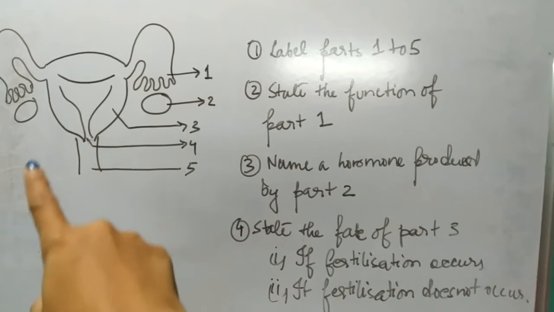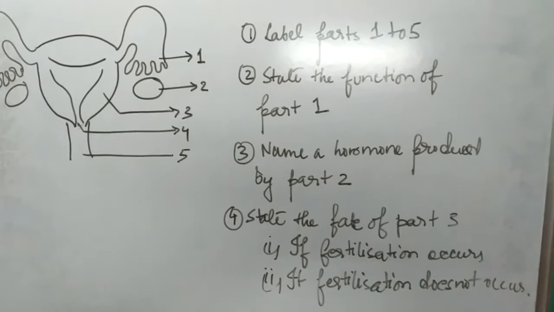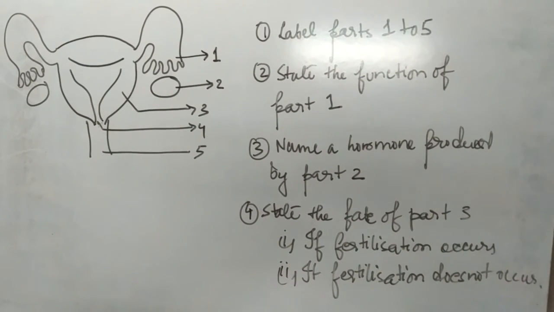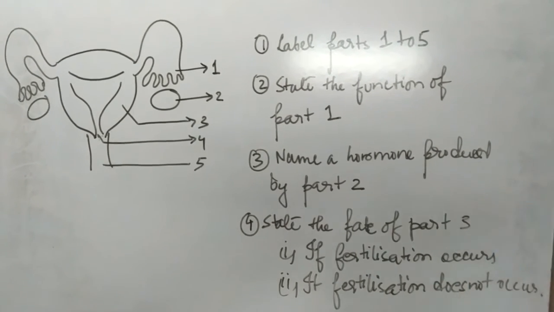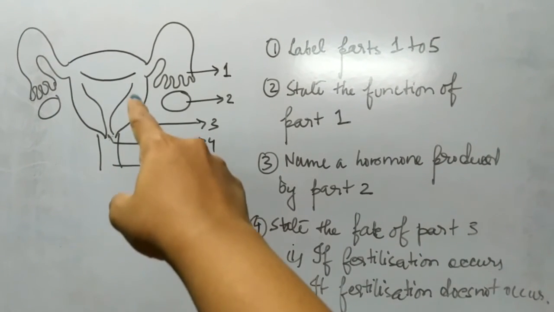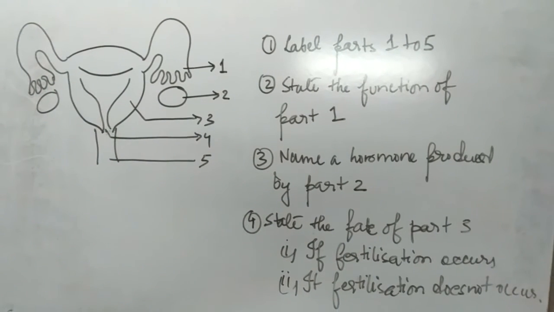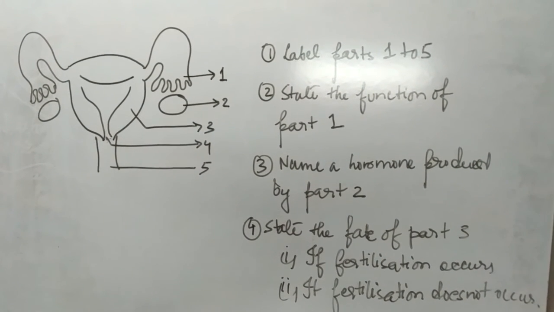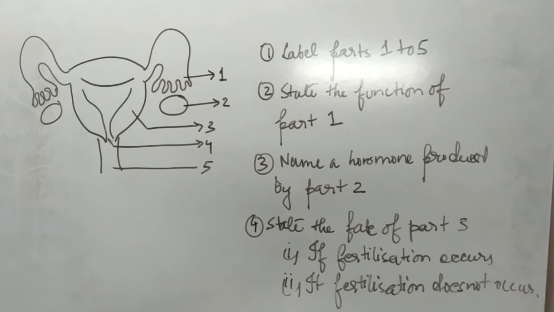That means the wall of the uterus will become thicker. But if fertilization does not occur, then due to lack of the hormones estrogen and progesterone, the wall of the uterus will break, be shed, and be discharged as the menstrual flow. That means menstrual flow also indicates that no fertilization has occurred.